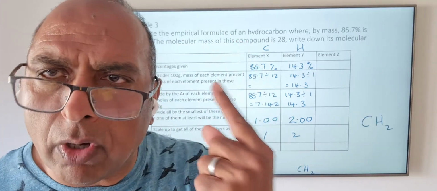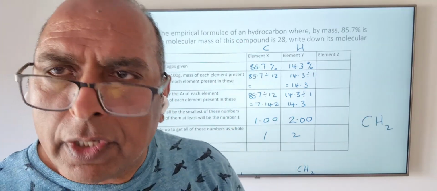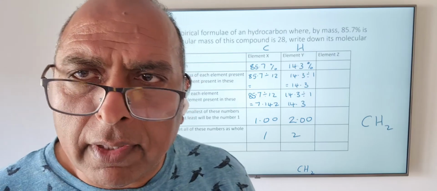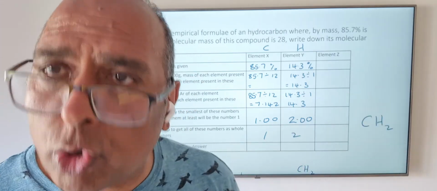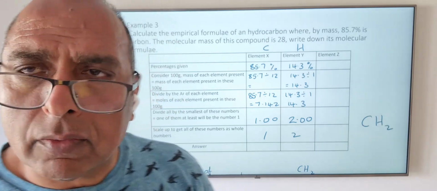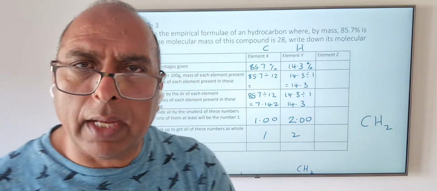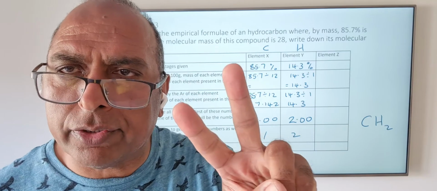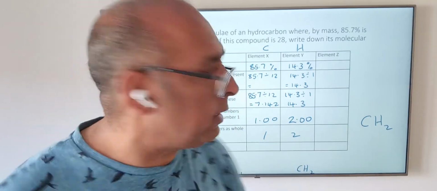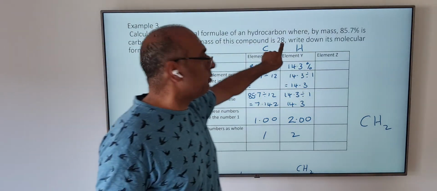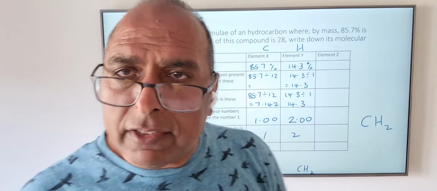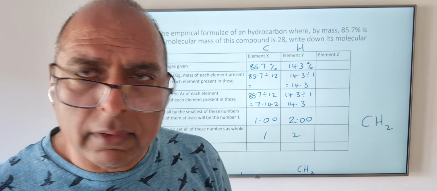If you have 1 lot of CH2, carbon weighs 12, and hydrogen weighs 1 each. So 12 plus 1 plus 1 is 14. So if the molecule had 1 carbon and 2 hydrogens, then it would weigh 14. But the question tells you the molecular mass of the compound is 28. Relative molecular mass being 28.